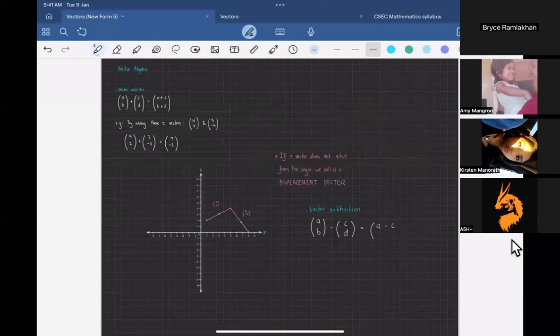This is kind of part of matrices. It has similar properties because vectors are matrices. You represent vectors using matrix form.